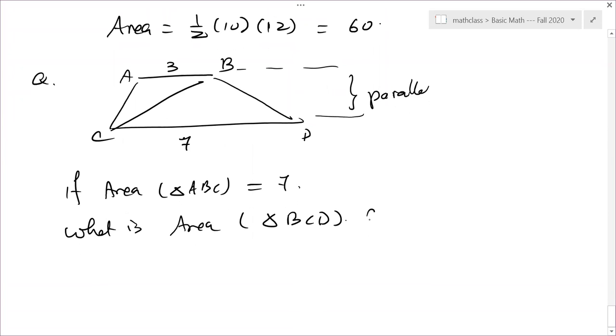Okay, the other one. So for the trapezoid, if you know the area of one triangle, can you get the area of the other triangle? Yes, right? Can you do that?